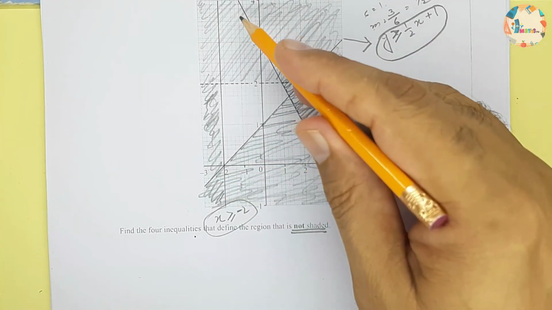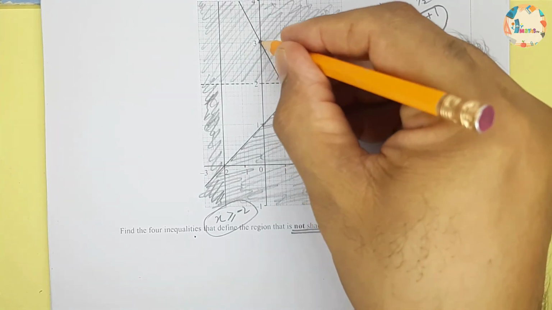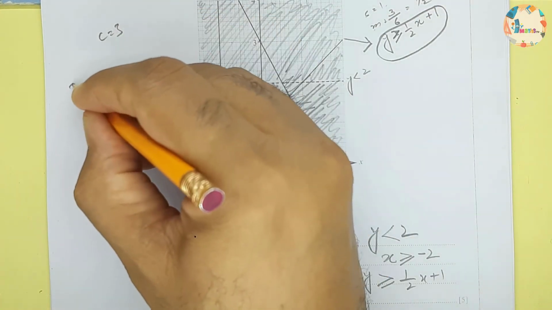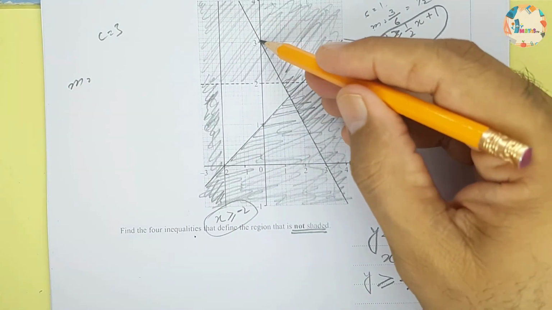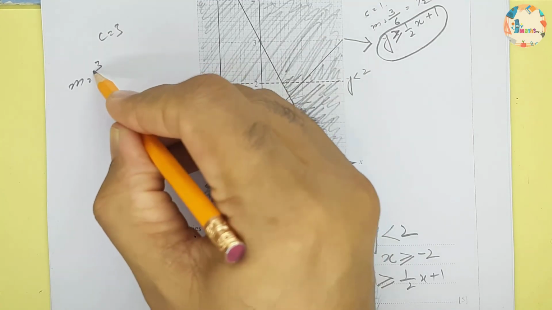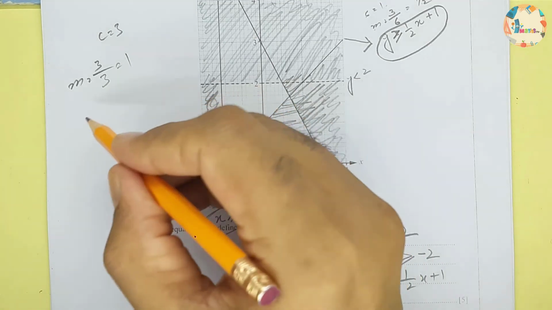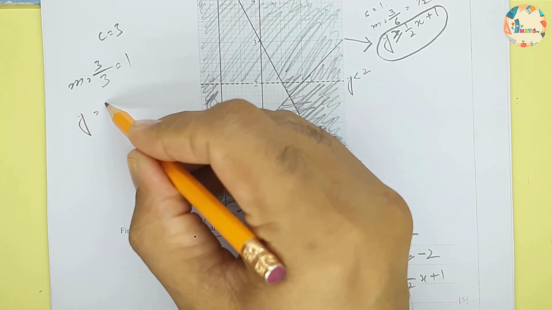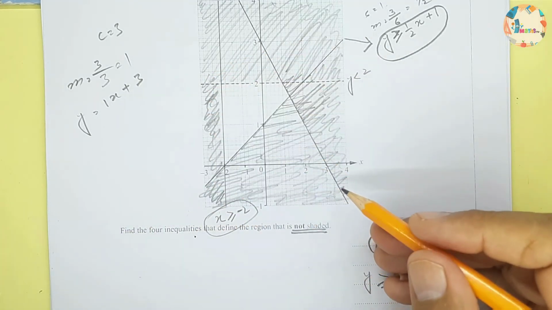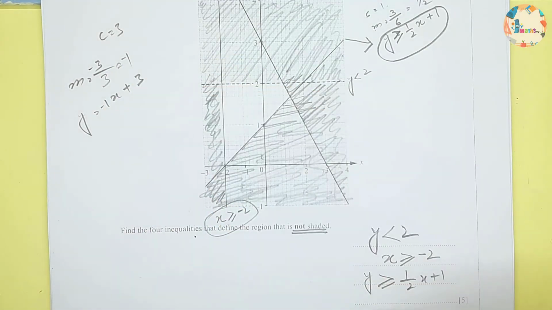Now the third line is this one, which has a negative gradient and passes through y-intercept 3. So the c value is equal to 3. The m value will be rise over run. We can take this triangle from here. Rise is 3 units and run is 3 units, so m will be equal to 1. So y is equal to 1x plus 3, and because this is a negative gradient, this will be minus 1.